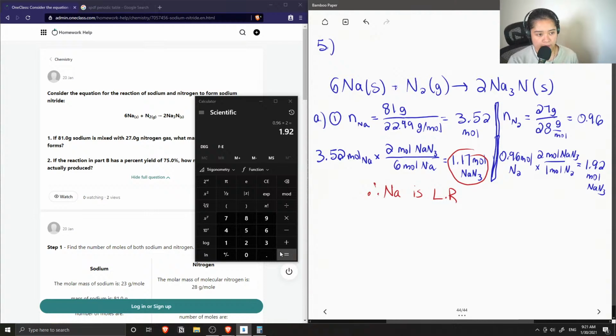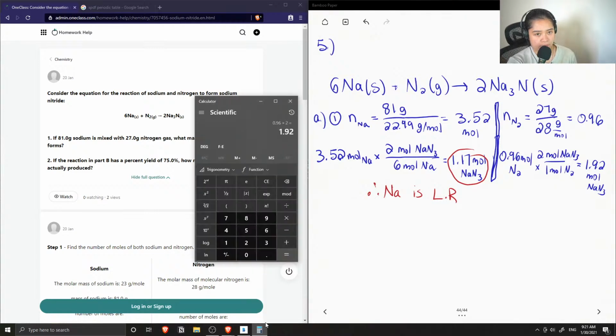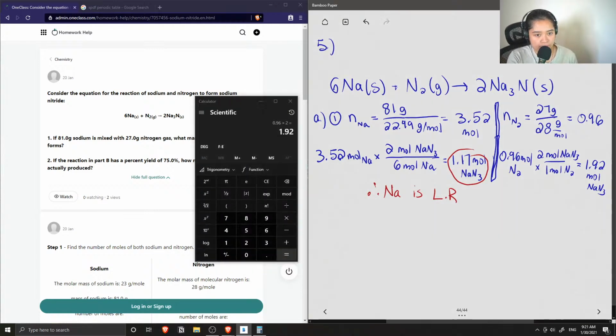Okay, so now that we know the number of moles that can be formed, we can calculate the mass of sodium nitride. But first, we need to find out its molar mass.